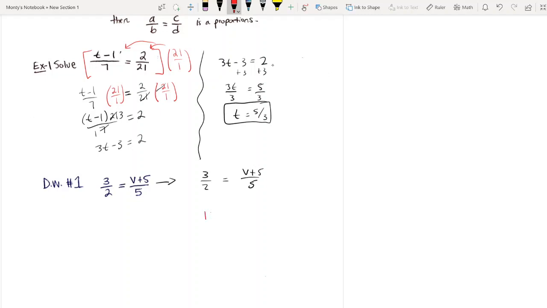That means that 10 must be our least common denominator. 10 is our LCD, the smallest number that both 5 and 2 divide into. So the question is, is there a number that we can multiply top and bottom, numerator and denominator, that would give us 10 in the denominator?